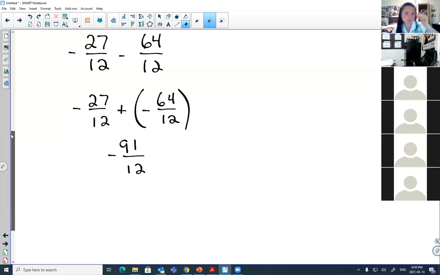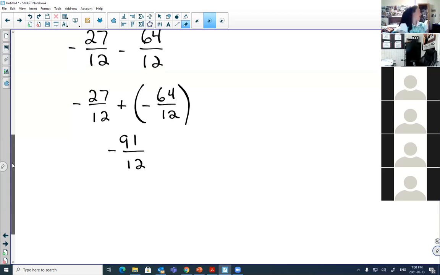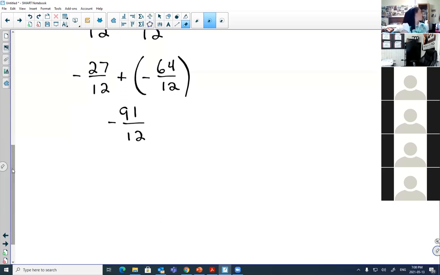Now, like I said, in high school, we would just normally leave that as an improper fraction. But since we started with mixed, should we convert it back? Sure, why not? 12 goes into 91 how many times evenly? Take a guess. 7?